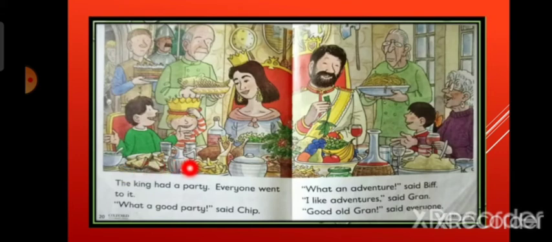The king had a party. Everyone went to it. "What a good party!" said Chip. "What an adventure!" said Biff. "I like adventures," said Gran. "Good old Gran," said everyone.